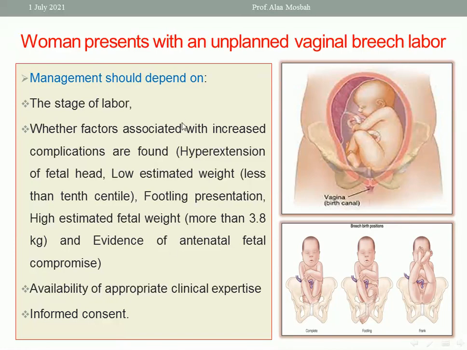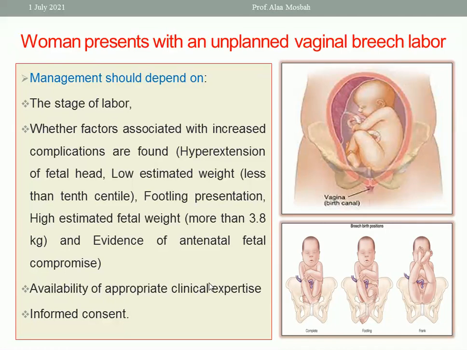So management should depend on stage of labor, whether factors associated with increased complication are found, like what? Hyperextension of the fetal head is a risk factor. Low estimated weight, less than 10th centile, may also be a risk factor. Footling presentation is a high risk factor.